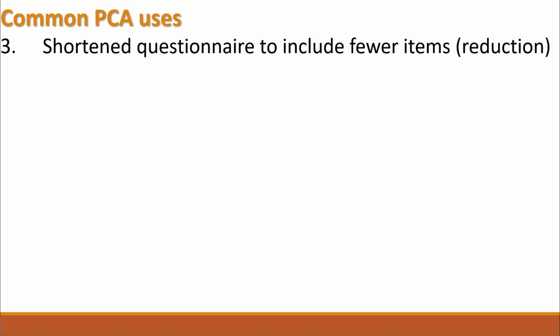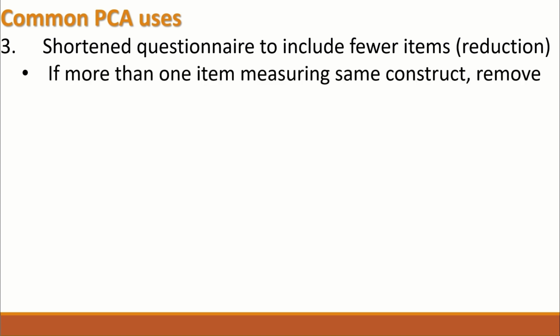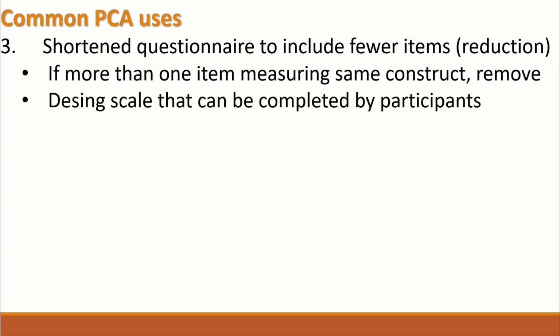The third use of the PCA is to shorten the questions to be included in the questionnaire, shortening these items, questions or variables into fewer items. So another objective is reduction. If more than one item measures the same construct, then remove that item, and that will help to design a scale or an instrument that can be completed by participants.